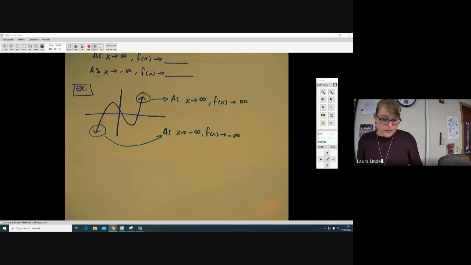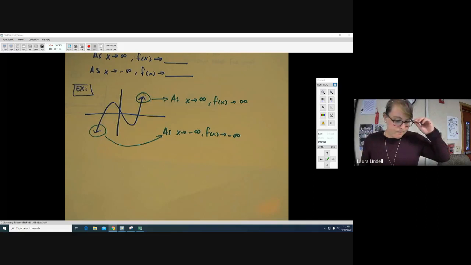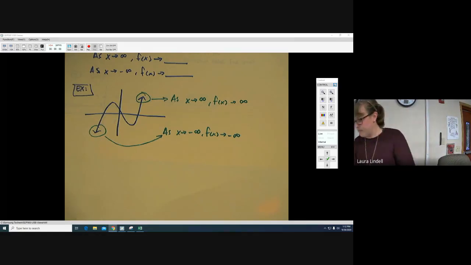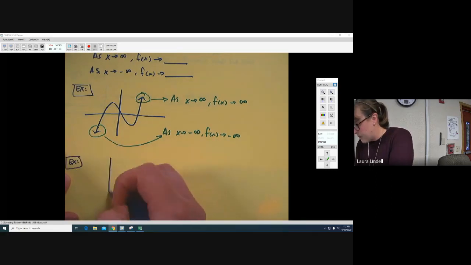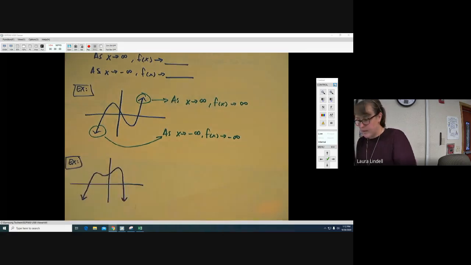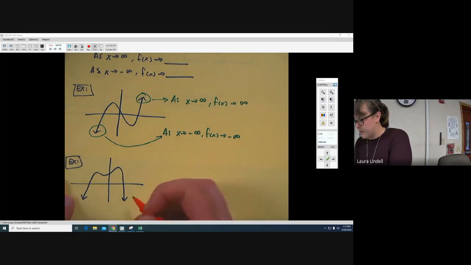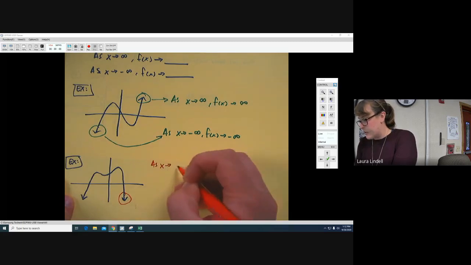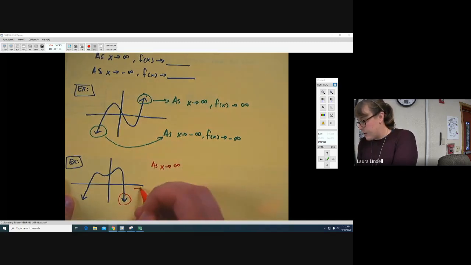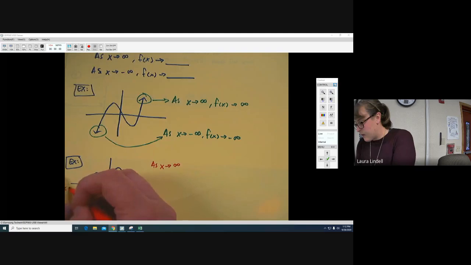So some other cases that we might see. Maybe we have something like this, and we're asked to describe the end behavior. So for our right end, we'd set it up as x goes to infinity, because this way is always x to infinity, and this way is always x to negative infinity.